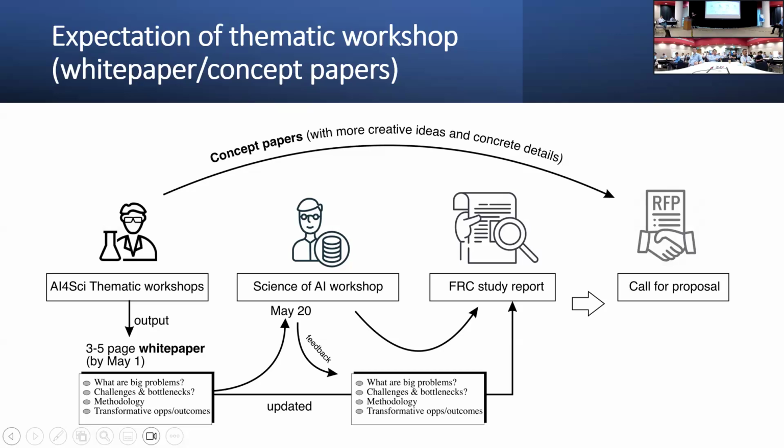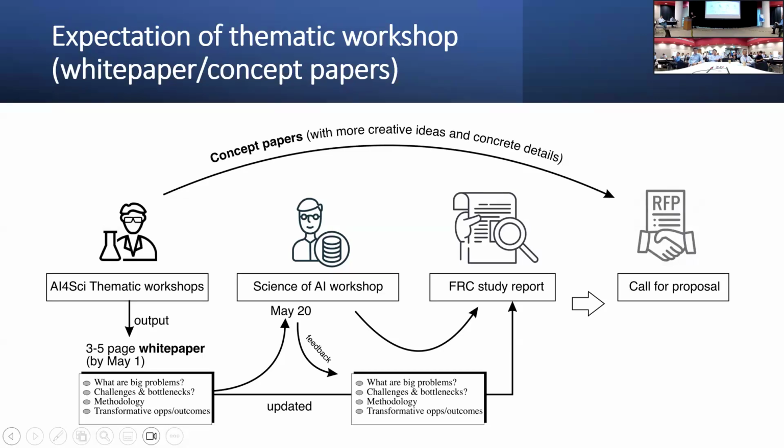After this, we will report and summarize this white paper to the Science of AI workshop, and then iteratively get feedback and refine the white paper. Eventually we will work together to produce an FRC study report.